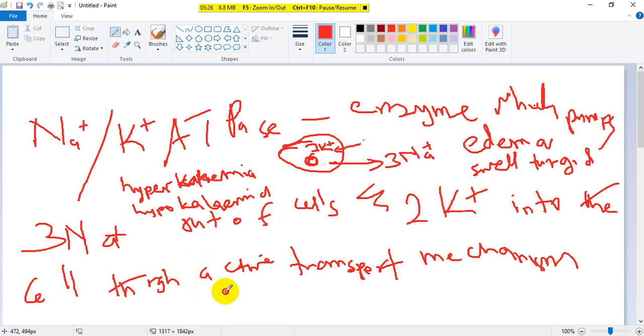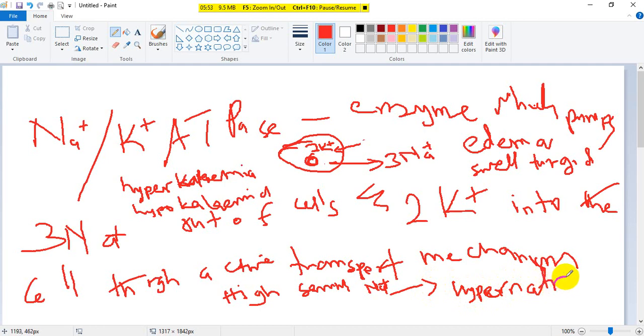The same way, high serum or plasma sodium level is called hypernatremia.